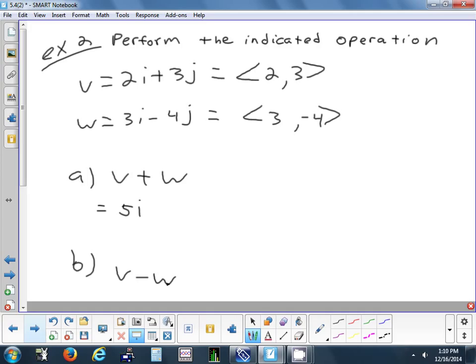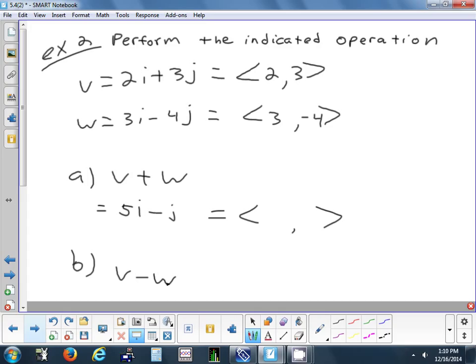And somebody else think they could tell me what the j component would be when you combine them together? Negative 1j. Yeah, so you can write negative 1j or negative j. That's fine. Question? How did you find that?